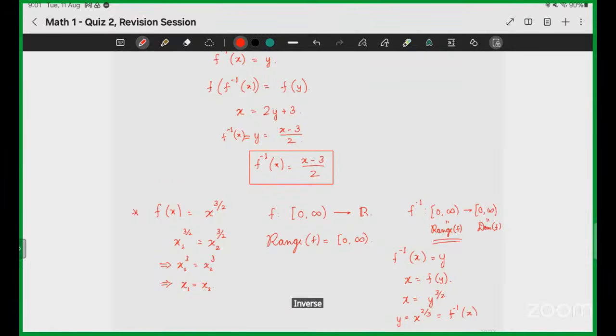Inverse functions. I don't think you'll be asked questions like that. Okay, sir.